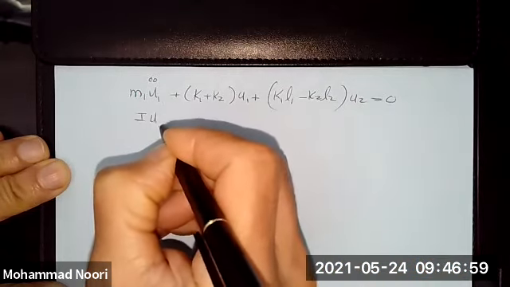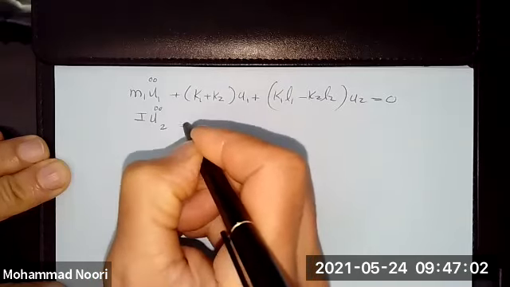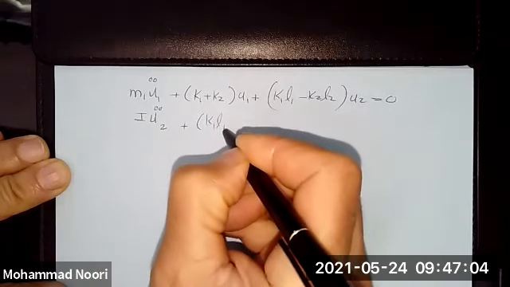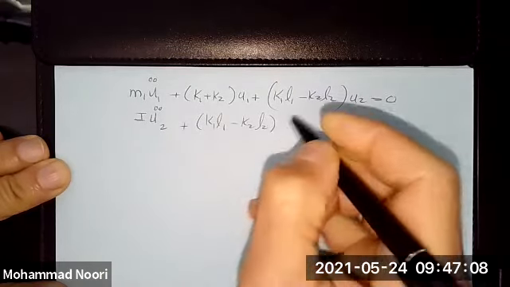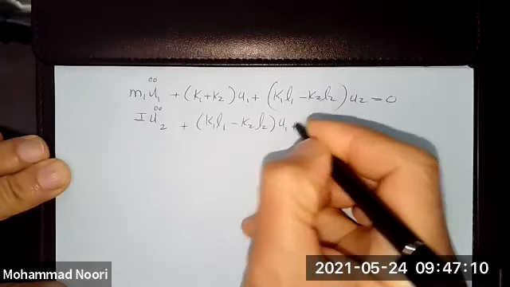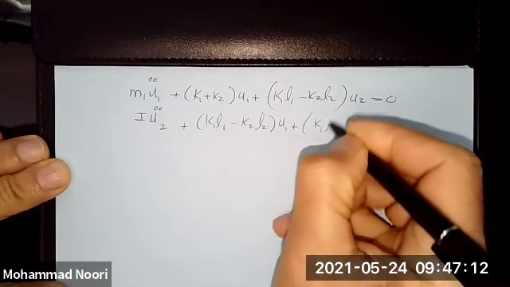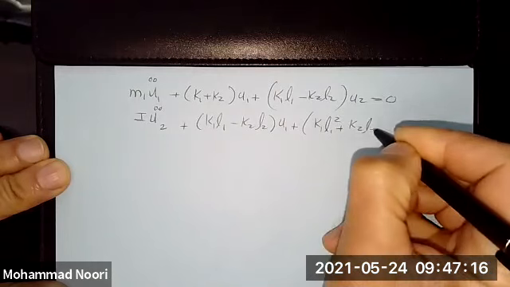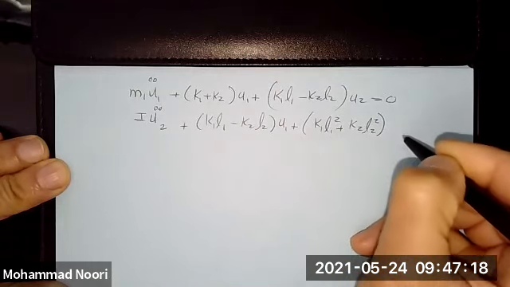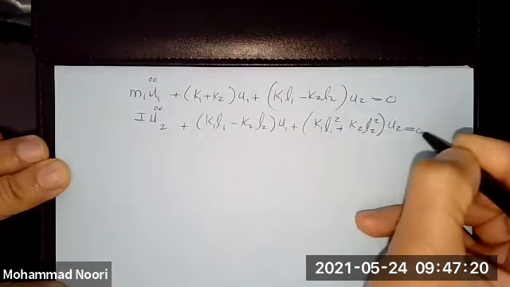I U2 double dot plus K1 L1 minus K2 L2 U1 plus K1 L1 squared plus K2 L2 squared U2 is equal to 0.